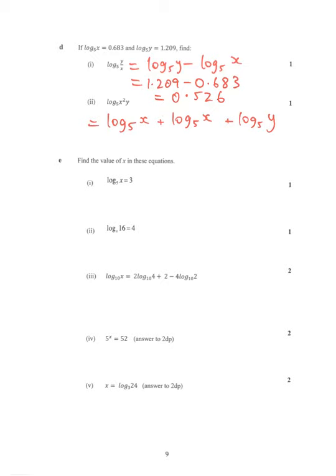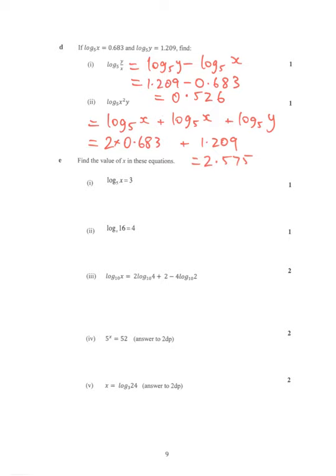Be very careful with that one. But if you write it as 2 log 5 of x plus log 5 of y, that's absolutely fine as well. So what I've got here is 2 times 0.683 plus 1.209, which gives me 2.575.